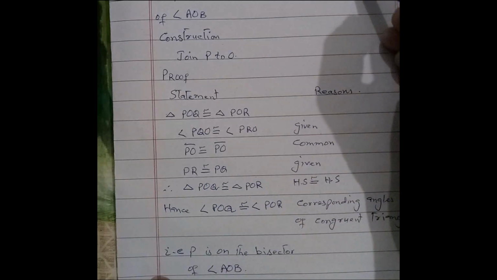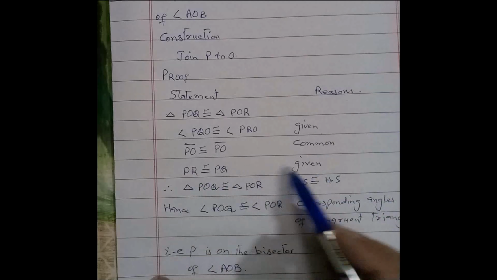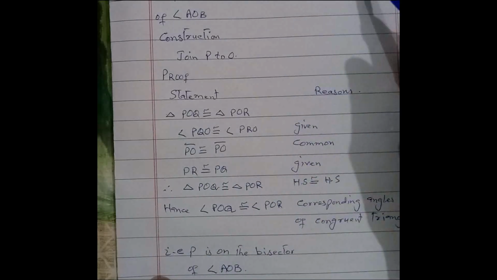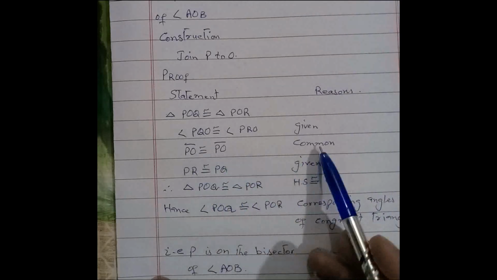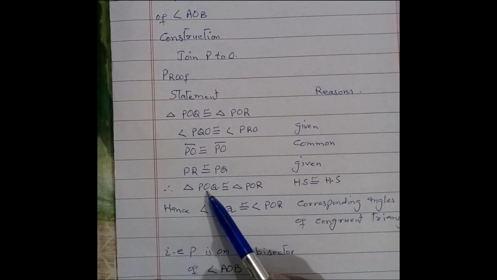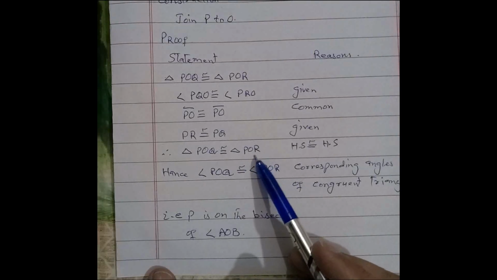This side is equal to this side, and it is also given. And the last is PO is equal to PO, which is common to these two triangles, and hence the two triangles POQ and POR are congruent.